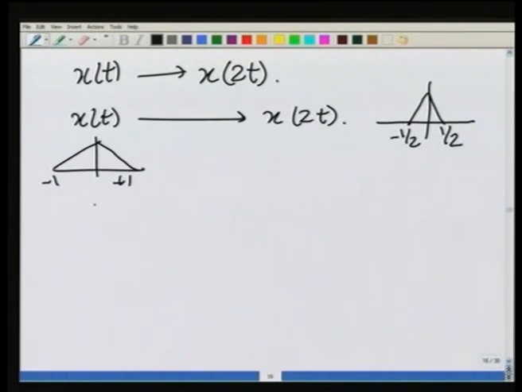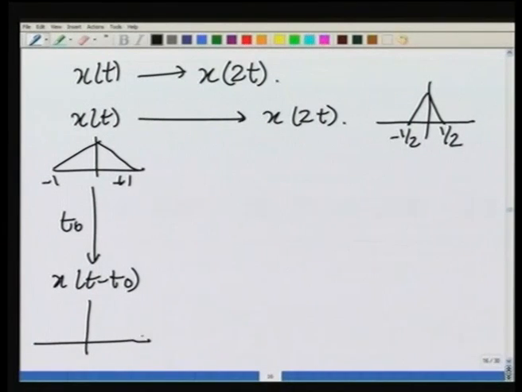We time shift x(t) by t naught. Let us say t naught is some amount. To get x(t minus t naught), let us have a diagram for this.